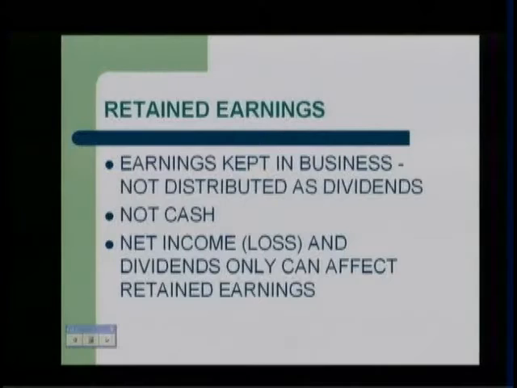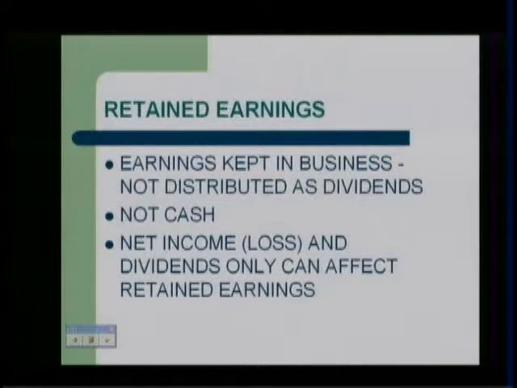A key thing to remember is that although it's retained earnings, it is not cash that's sitting around somewhere. Retained earnings have probably been invested in additional equipment, more inventory, perhaps some accounts receivable. It's typically been invested in other assets, so it's not sitting around as a little pile of cash somewhere. These are just earnings that have been kept in the business.